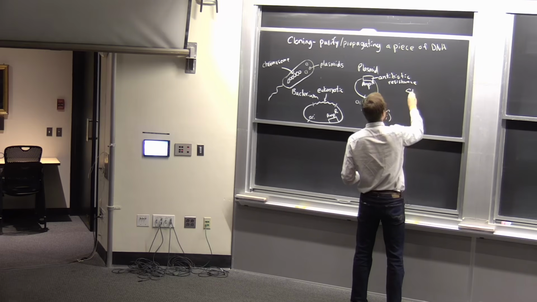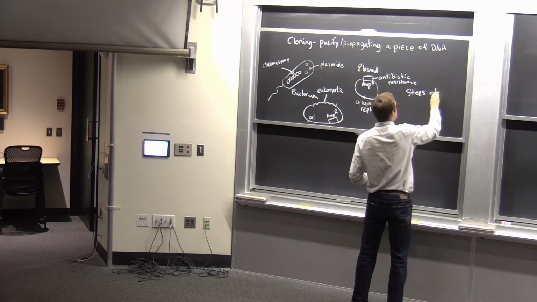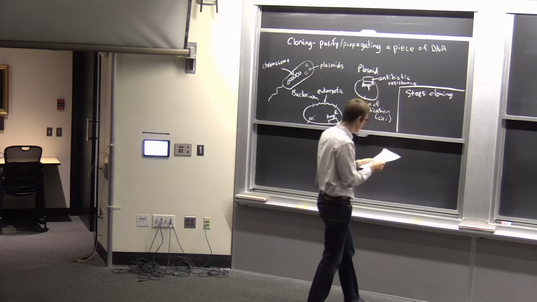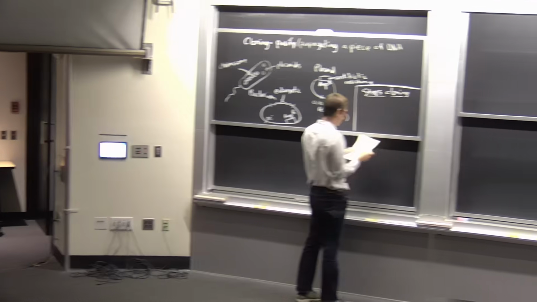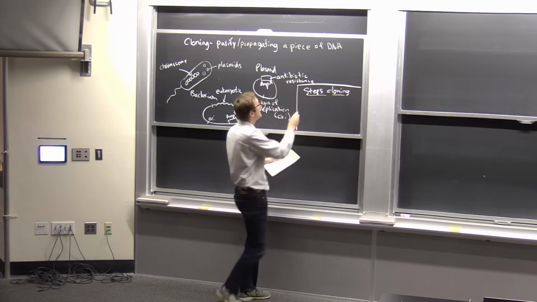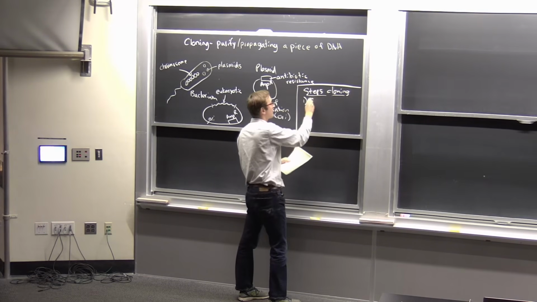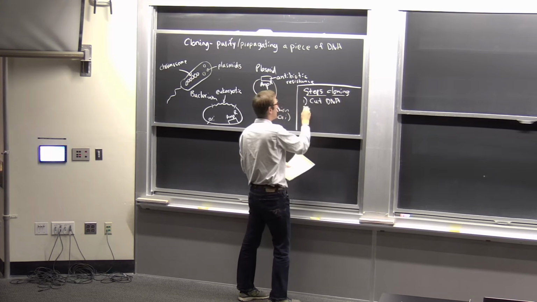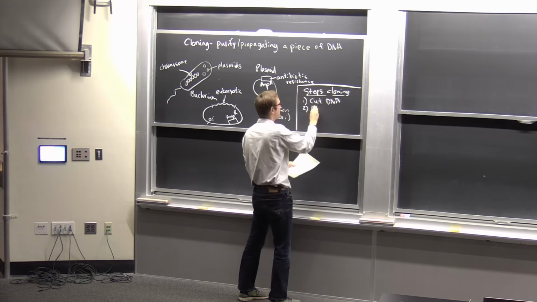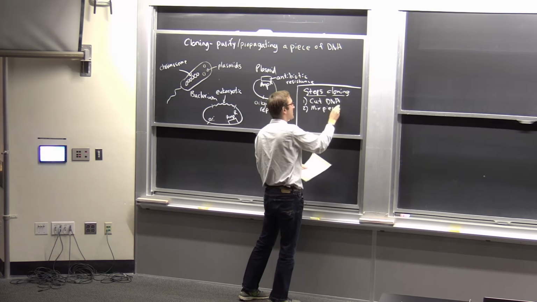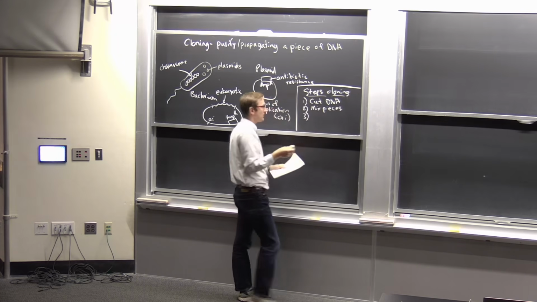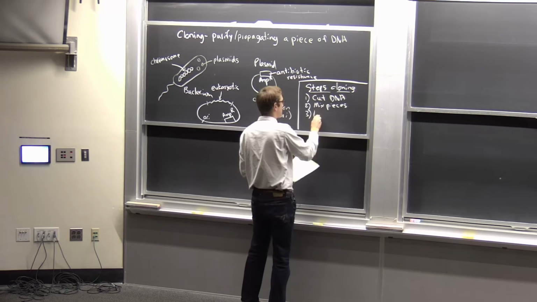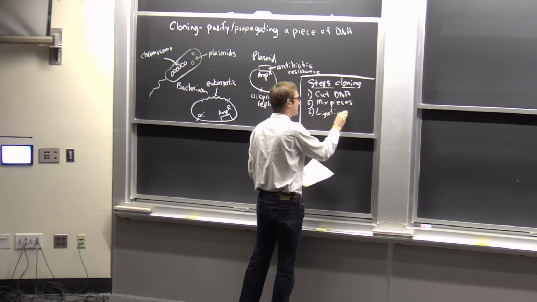Okay, I now want to go through steps in cloning a piece of DNA, and we'll go through it as a series of ordered steps so you can see how the process works. I'm going to start with a step to cut the DNA. After cutting the DNA, we'll then mix pieces together. Once we mix the pieces together, we'll do something known as a ligation, and I'll explain that to you in just a minute.